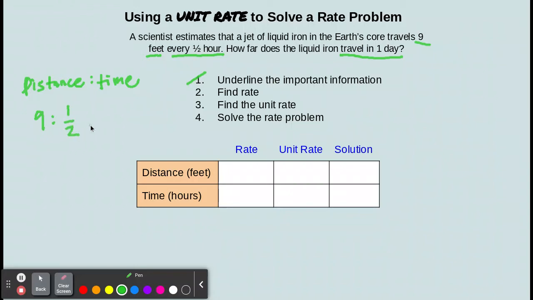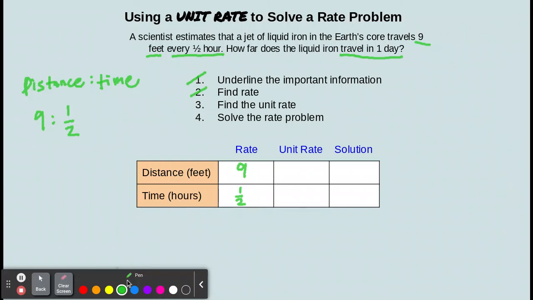So we're finding the rate, which is actually a ratio using different units, right? First unit is feet, second unit is hour. So we know we have a rate, 9 to 1/2. Okay, so we found our rate.